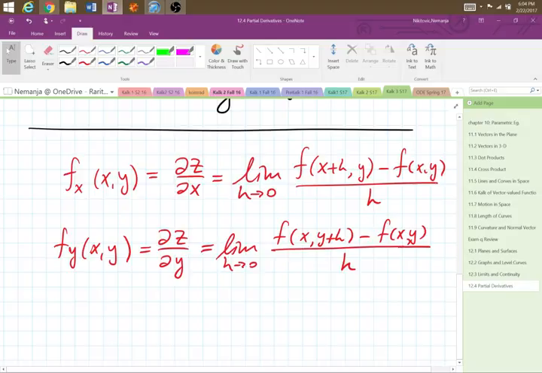By the way, the picture that you are looking at in the textbook, the black line is called the trace, and then the red line over here is the partial derivative. In this case, the partial derivative with respect to x, because this cut is parallel to the x-axis. So it's at point A in x.